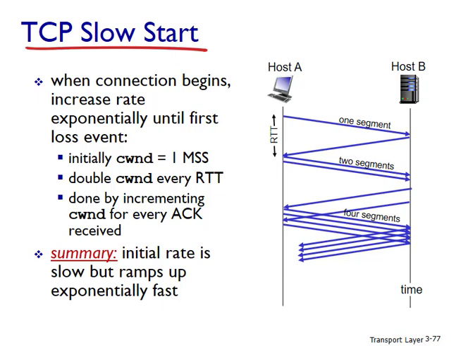For example, if the maximum segment size is 500 bytes and round trip time is 200 milliseconds, the resulting initial sending rate is only about 20 kilobytes per second. Since the available bandwidth to the TCP sender may be much larger than maximum segment size divided by round trip time, the TCP sender would like to find the amount of available bandwidth quickly.